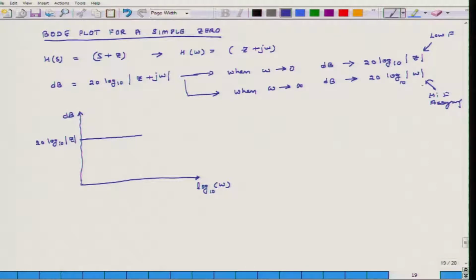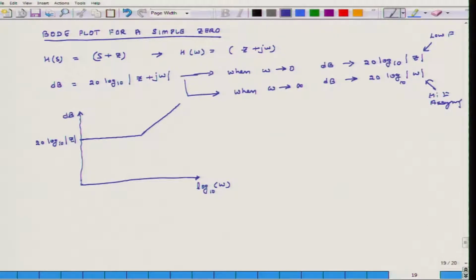And then the high frequency asymptote is 20 log 10 of omega. What we note is that as omega increases, the value of decibels increases, and it is a straight line on a log axis. So, the curve is something like this.